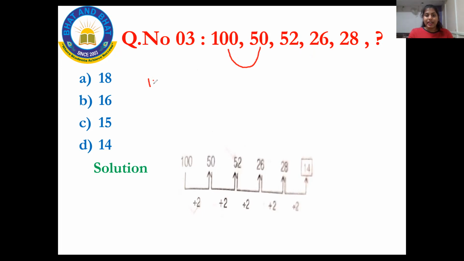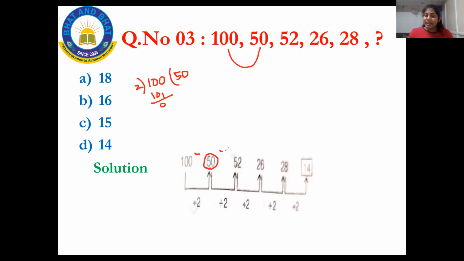See, 100 divided by 2. 2 fives are 10, then take down 0, so 50 will be the answer. So it is divided by 2. If I divide 100 by 2, I get the answer 50. Now 50 should become 52.